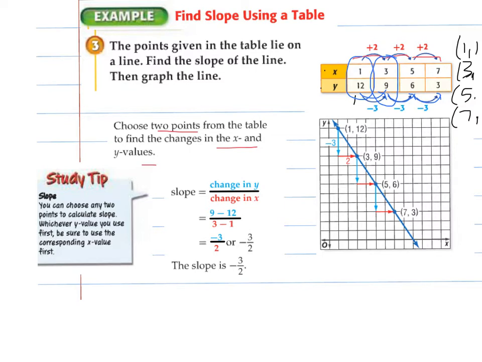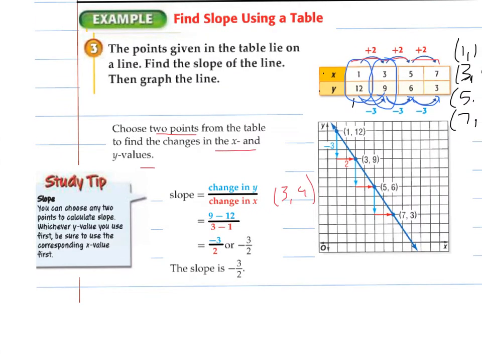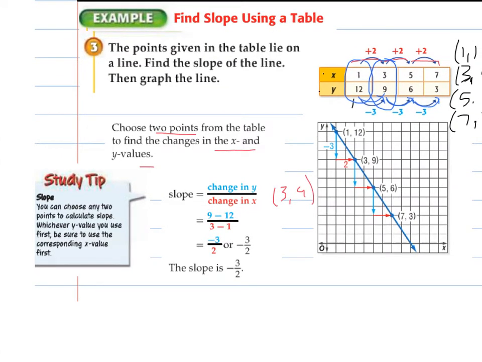So for example, since I chose (3, 9), notice that that ordered pair kind of just got rotated on its side, and it became 9 over 3. So it kind of just switches like that for y to be on top of x. Then you find the difference, so you do 9 minus 12 for a negative 3, 3 minus 1 for 2.